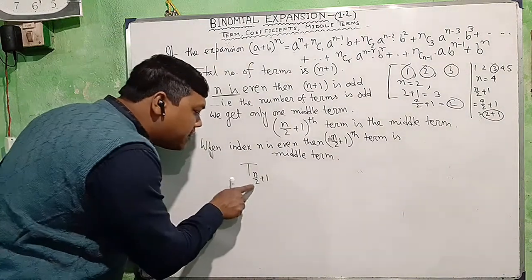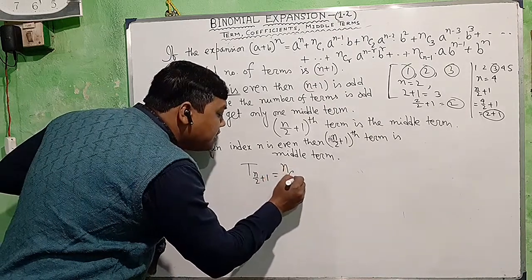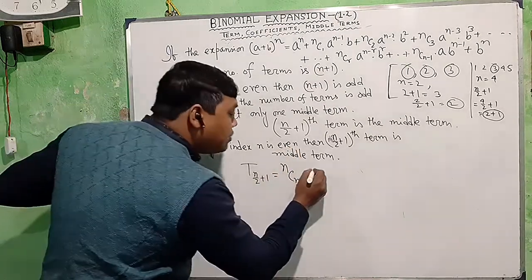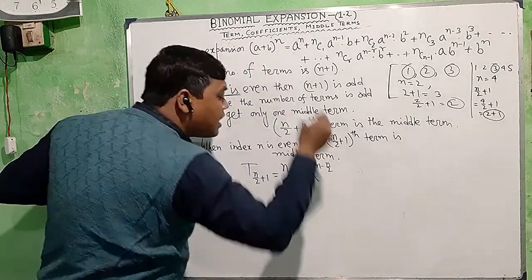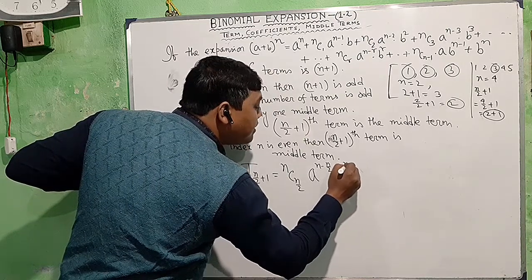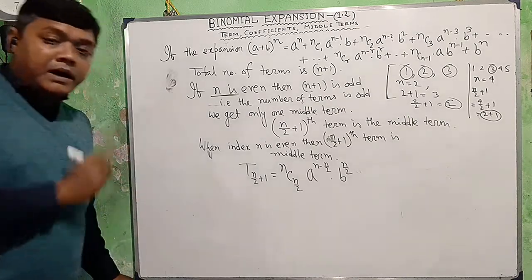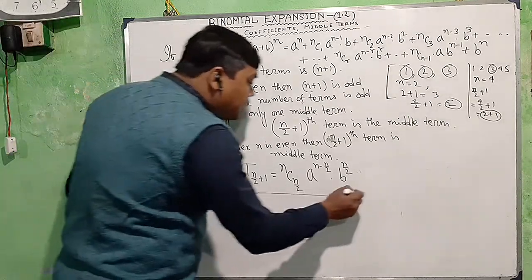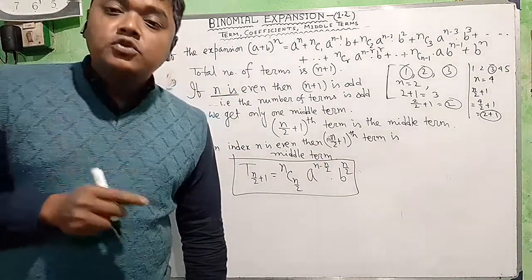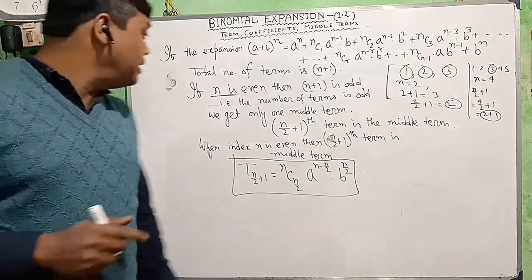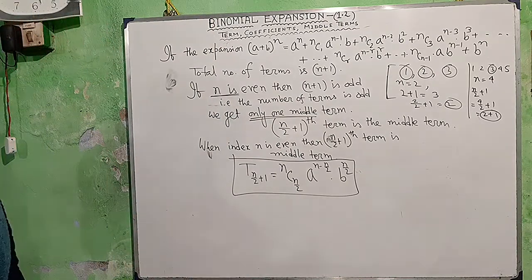Here r equals n by 2. Just T(r + 1), so that is nC(n/2) a to the power n minus n by 2 into b to the power n by 2. Here r equals n by 2. So this is the middle term when n is even. So remember, if the index n is even, you will always get only one middle term. I think it is clear to you.